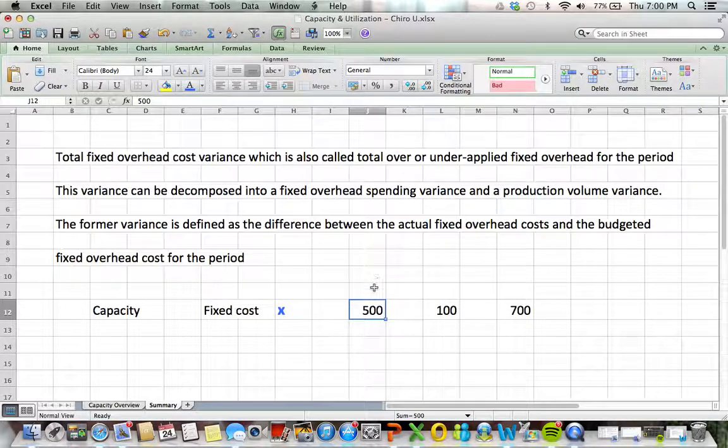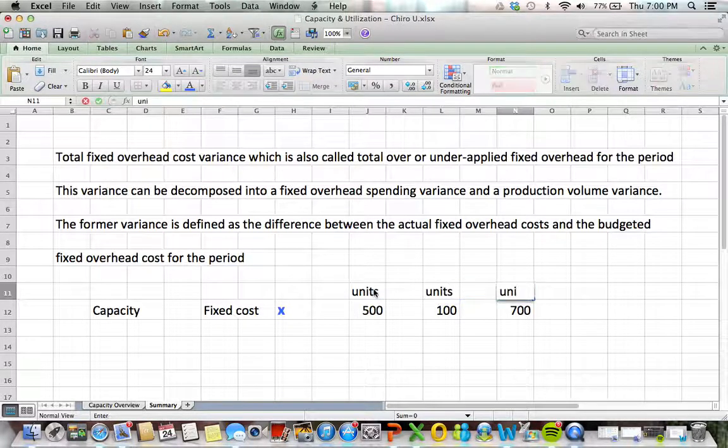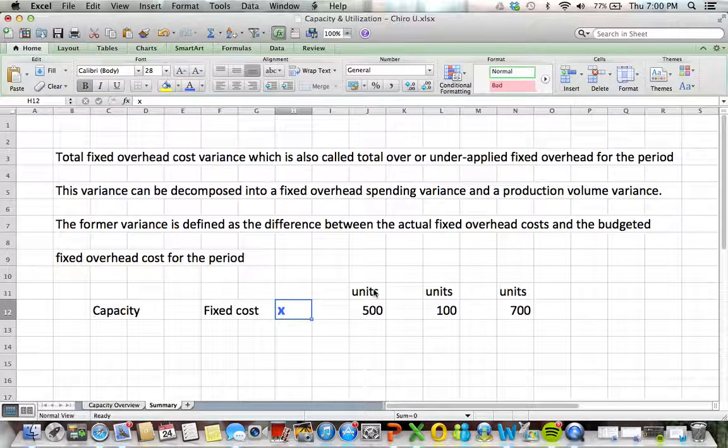Now, usually you're budgeting for X to produce 500 units, the full capacity. If you're going to produce 100 units versus 700 units, there's a certain price per unit that you can allocate your overhead amount, which is X.